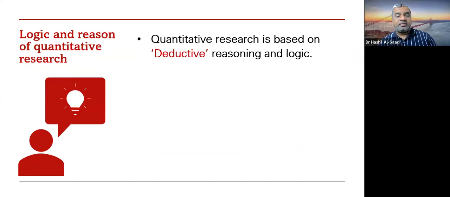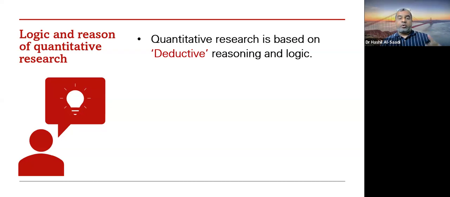Before I say what it means in Arabic, sometimes the terminology in Arabic might be helpful. So here we're talking about deductive reasoning. In Arabic, it's الاستنتاج. Okay, المنطق الاستنتاجي, أو الاستنباطي. This is what quantitative research is based on.